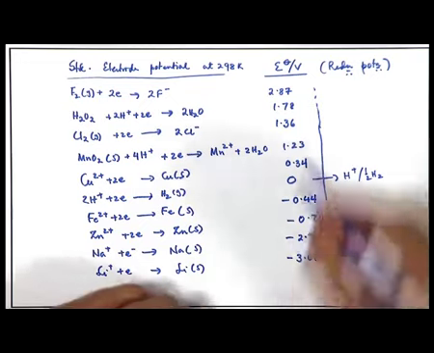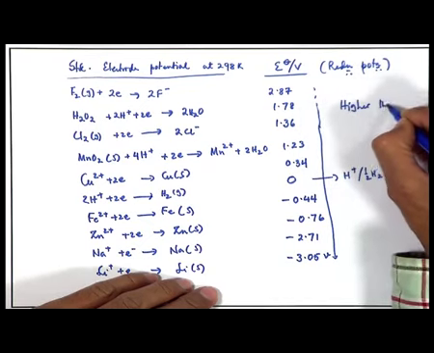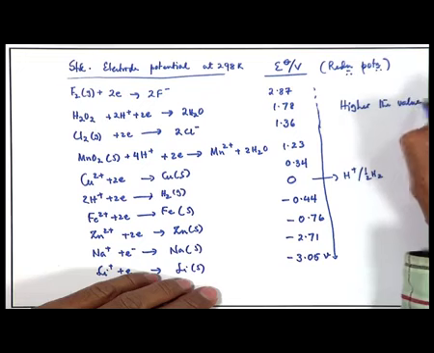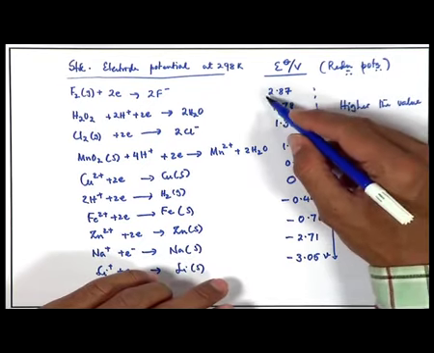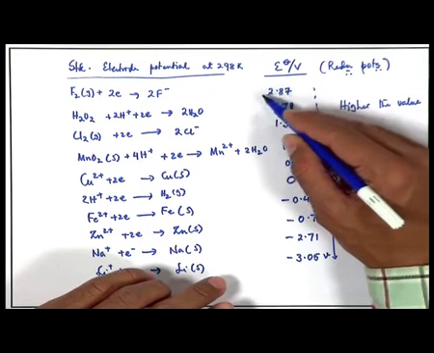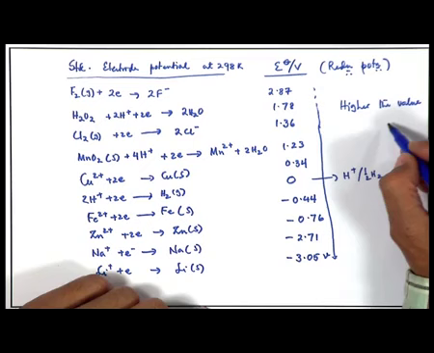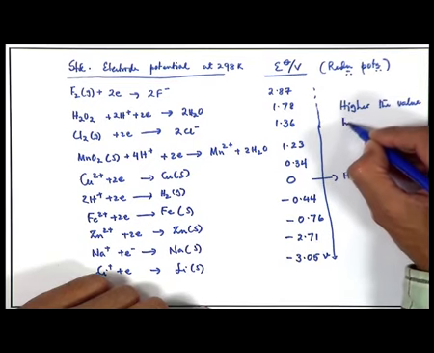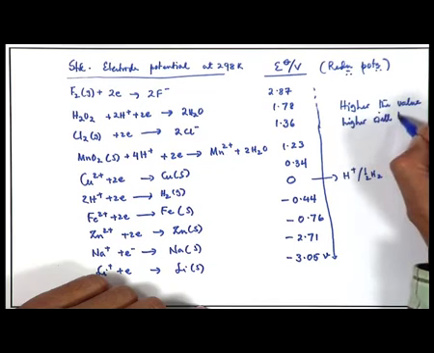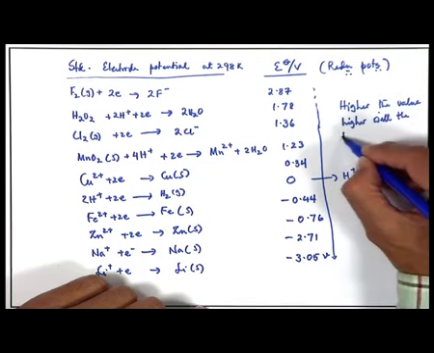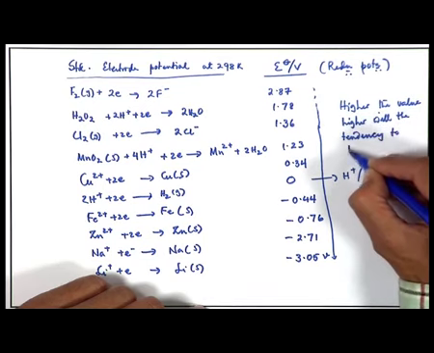Higher the value in the absolute sense, because you have to consider both the numerical value and also the sign. Okay. So, the higher the value, the higher will be the tendency to be reduced.